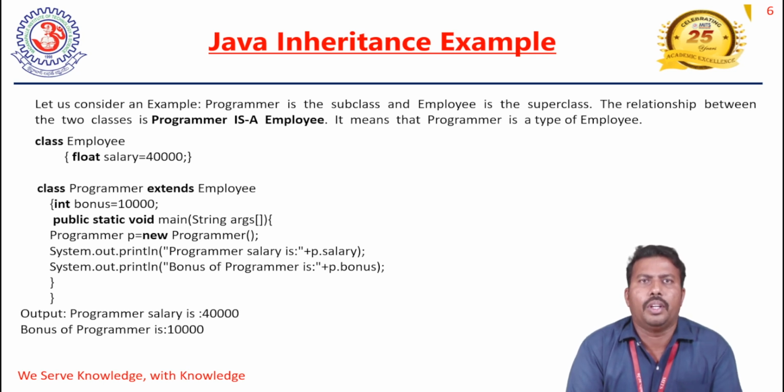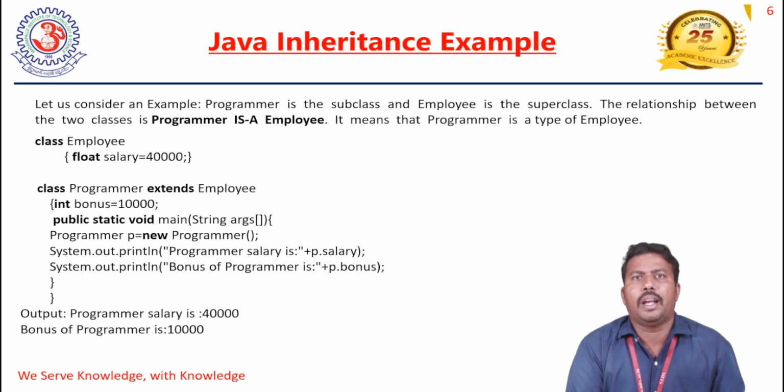And the class which extends the superclass Employee is called Programmer. So class Programmer extends Employee. Here we declare one variable, int bonus, and public static void main, followed by creating a Programmer object, and we print statements with respect to the salary and the bonus. So the output would be the salary and the bonus of the programmer.